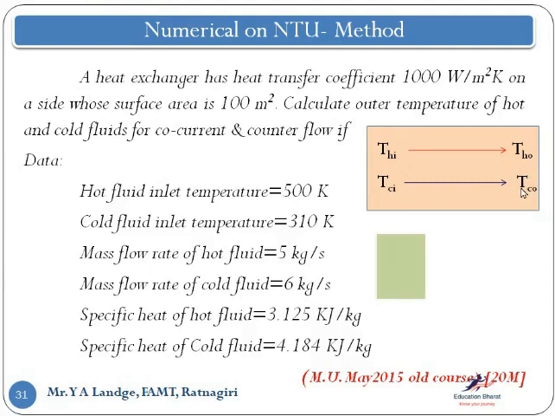Now, similarly they ask for counter-current flow. So this is the pattern of co-current. If it is counter-current, then it is like this: one fluid is flowing in one direction, while the other flows in the opposite direction. So what data do we have? We have the inlet temperature of the hot fluid and the inlet temperature of the cold fluid, but we need to calculate the outlet temperature of the hot fluid and the outlet temperature of the cold fluid.